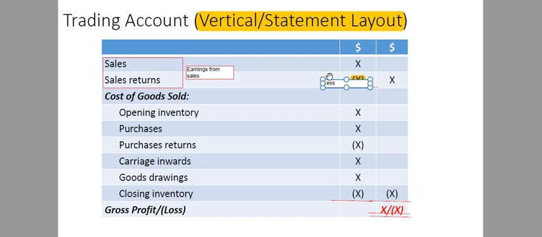So sales, when you minus the sales returns, you get your net sales. So we can circle the X in the second column, and we write on the side a notation that that's your net sales. So this is your net sales or revenue.